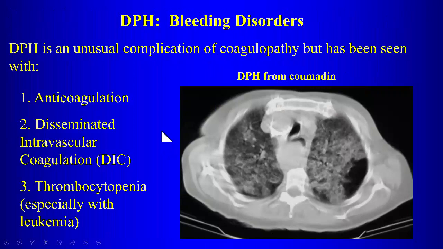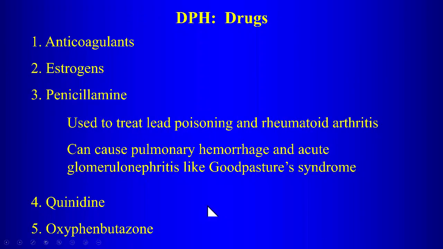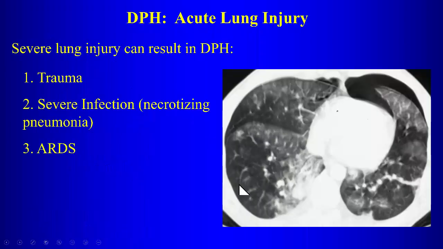Now, I've also given you in your handout all kinds of other things that can be associated with pulmonary hemorrhage, from anticoagulation and DIC to drugs. Interestingly, penicillamine, used to treat lead poisoning and rheumatoid arthritis, can also be associated with pulmonary hemorrhage.